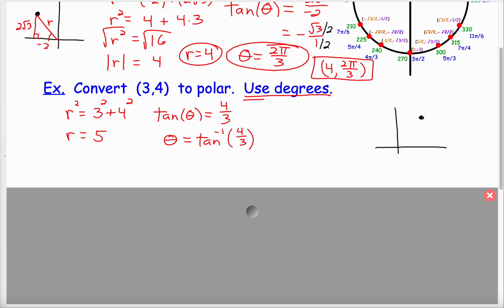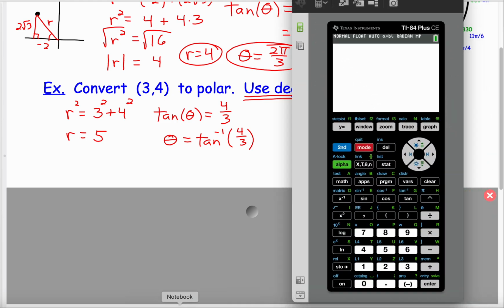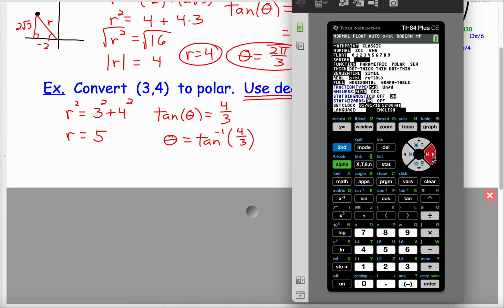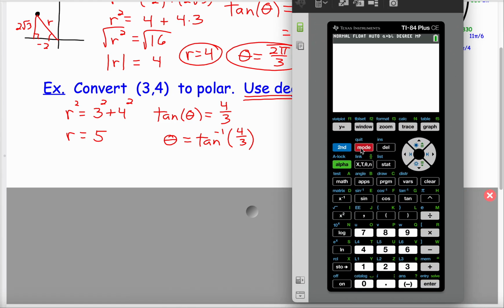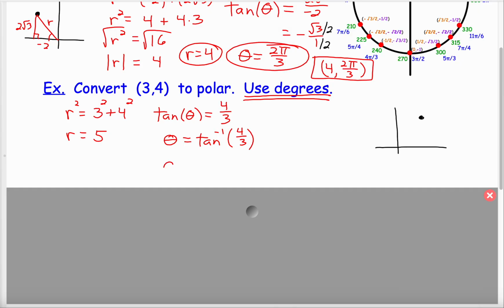Now this says use degrees, so let me make sure that my calculator is in degree mode, and it's not, so I better switch that. Then I do the inverse tangent of 4 divided by 3, and I get approximately, it didn't say how much to round, so I'll round to 1 decimal, 53.1 degrees. So theta is approximately 53.1 degrees.